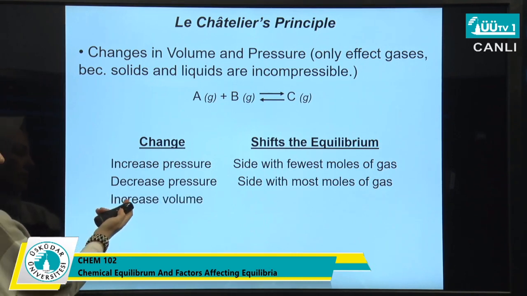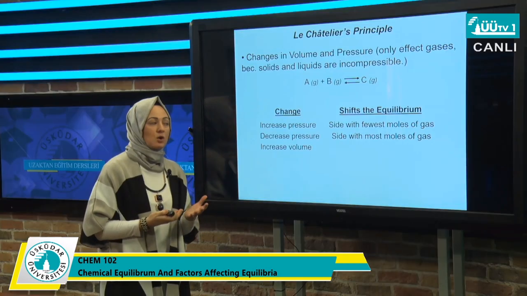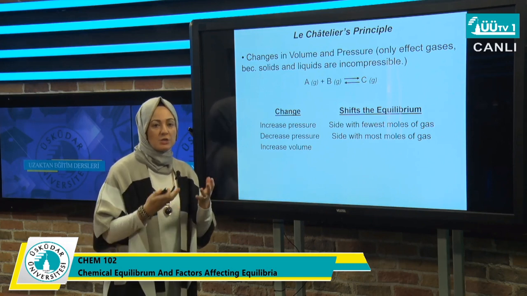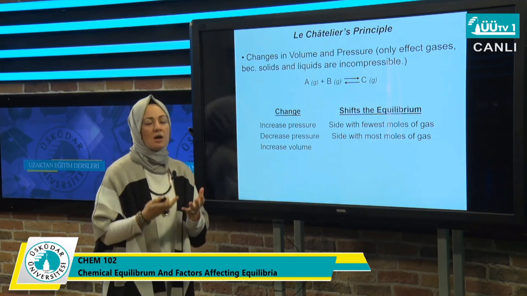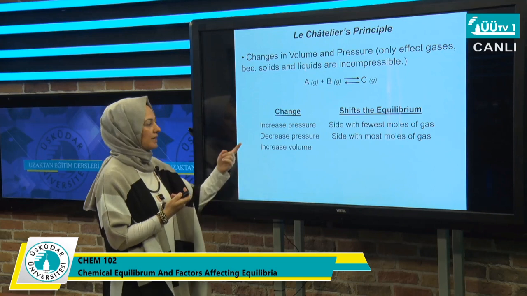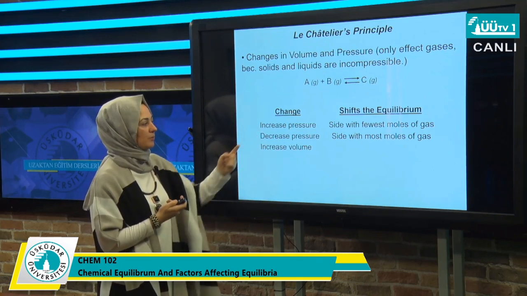So, how about increasing volume? You know that according to the ideal gas law, pressure and volume are inversely proportional. So if you increase the pressure of a system, its volume will decrease, or if you increase the volume, the pressure will decrease. That's why increasing the volume has the same effect as decreasing the pressure.